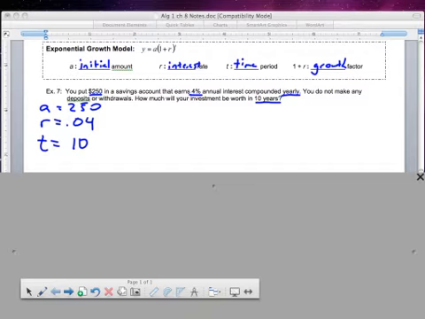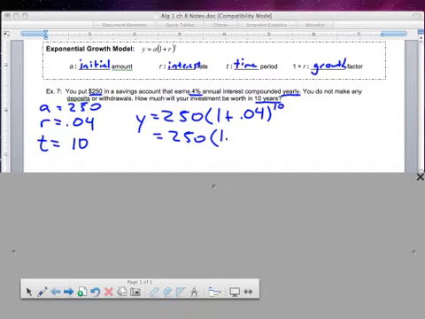Okay, so Y equals, now I just plug things in. A is 250, so I have 250 times 1 plus 0.04 raised to the 10th. That's my model, or that's how I would solve this. So finally, I plug all this in. I get 250 times 1.04 raised to the 10th.